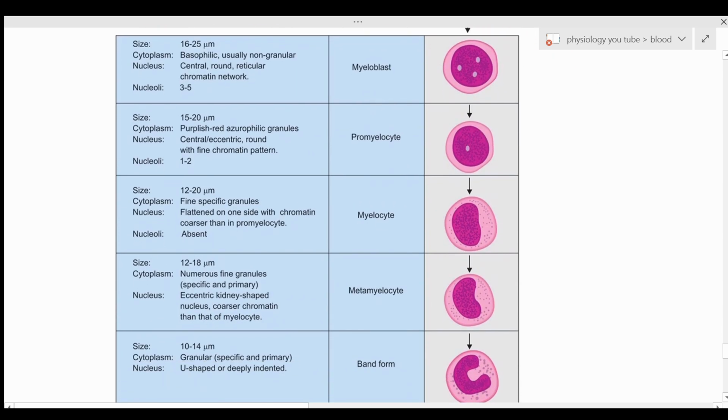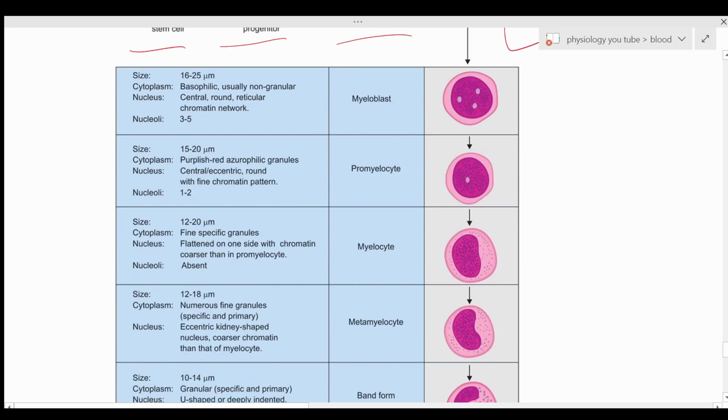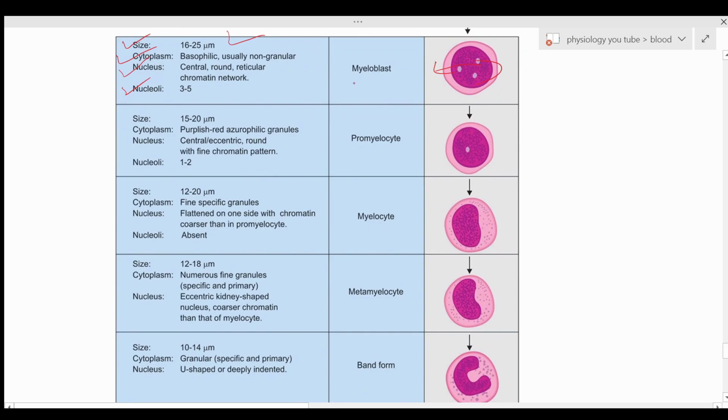What you need to observe in this table is the size of the total cell, cytoplasm, nucleus and the nucleoli, because you can see in myeloblast and promyelocyte there are nucleoli, but once the cells enter the myelocyte stage of leukopoiesis, nucleoli are absent because they are not required anymore.